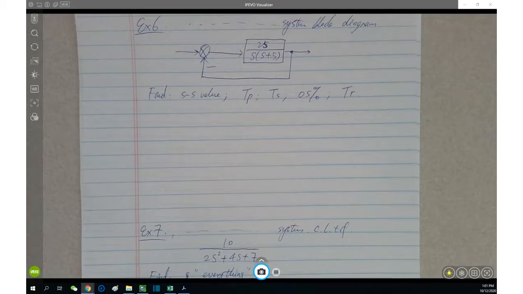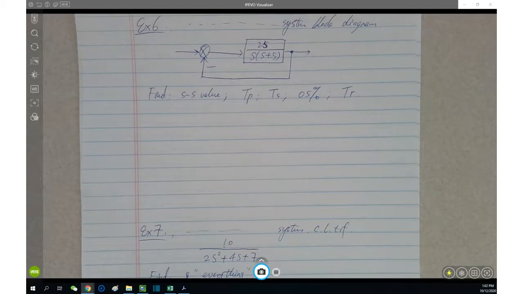So first of all, as I said at the beginning, by the end of last lecture we had 2 more examples for module 4, the time response, examples 6 and 7. Has anyone done this and wants to check your answers?